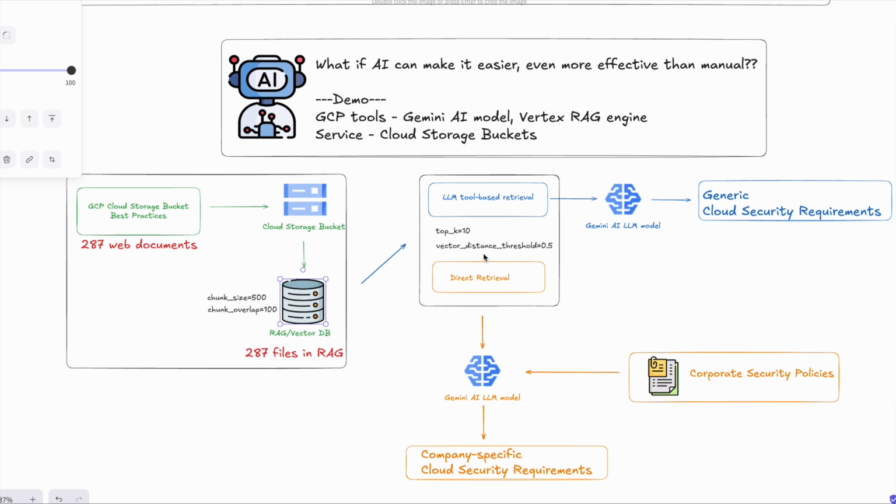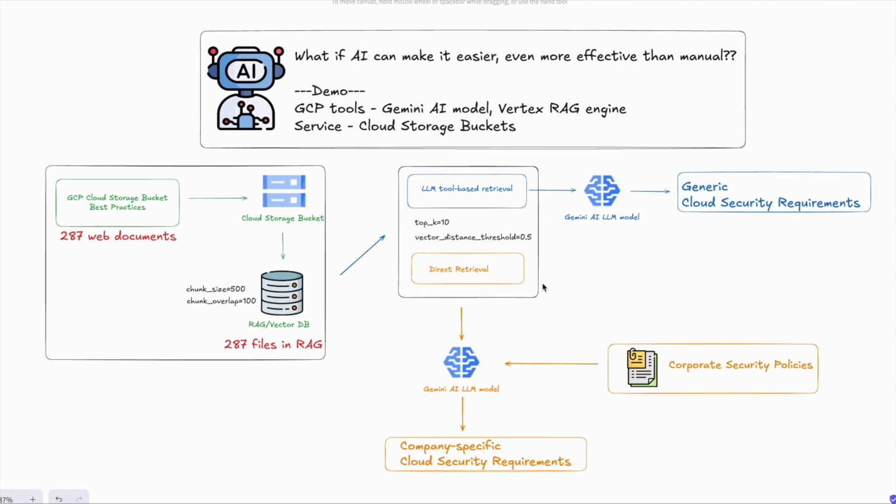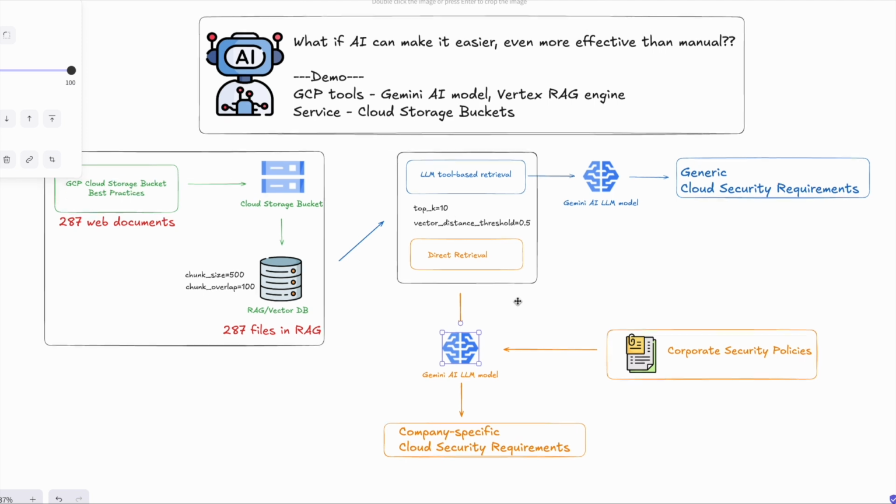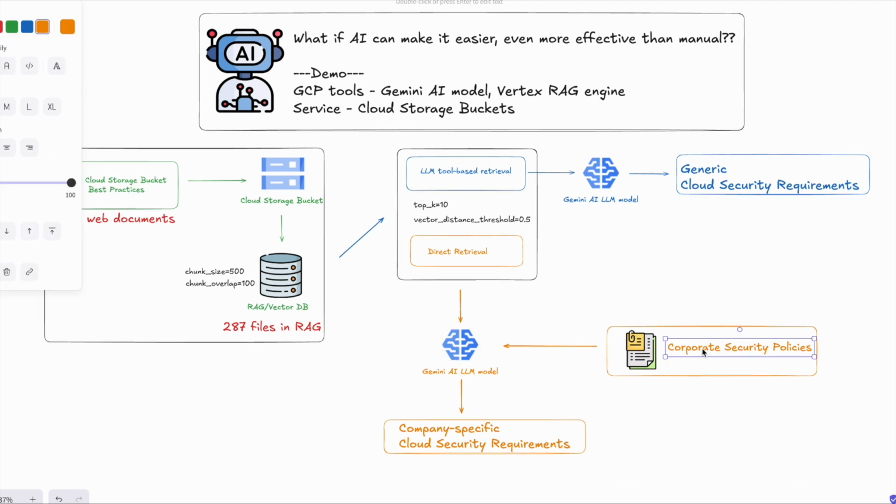Then I showed you a couple of different ways to extract this information from the RAG, and we used a GenAI LLM model to retrieve the information from the RAG. We merged this information with the corporate security policies, created a beautiful prompt for this LLM model, and eventually were able to create the company-specific cloud security requirements from there.